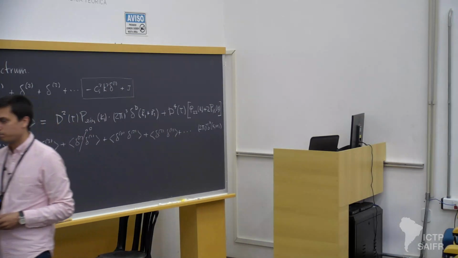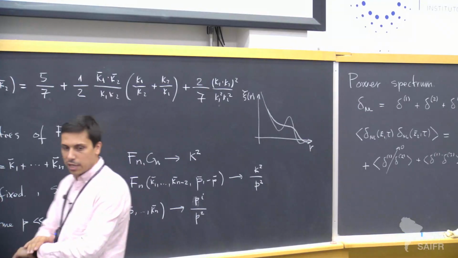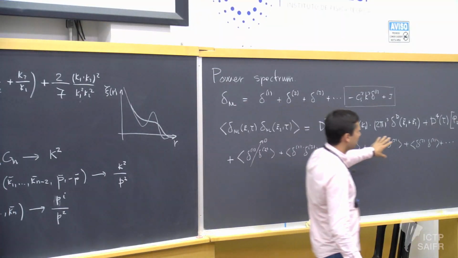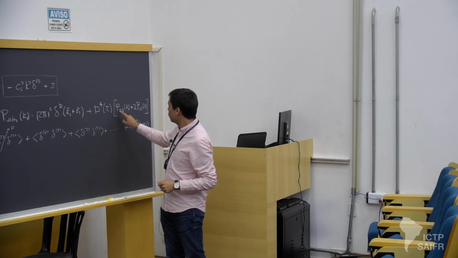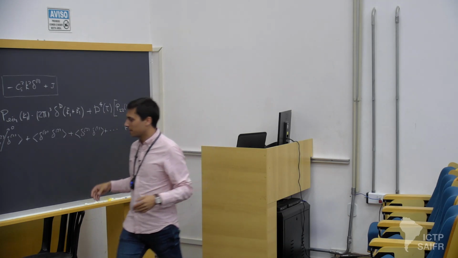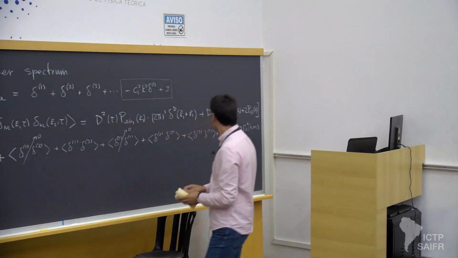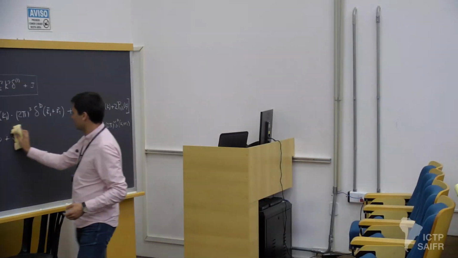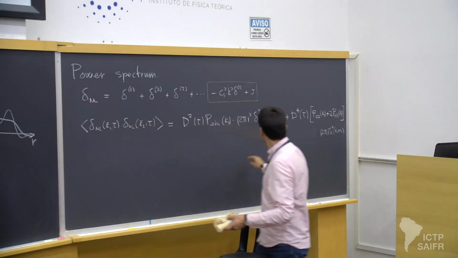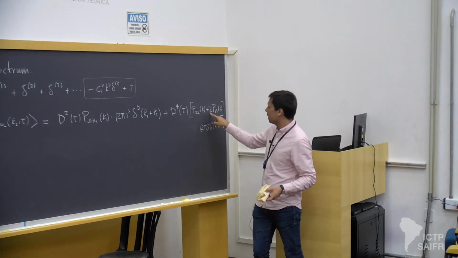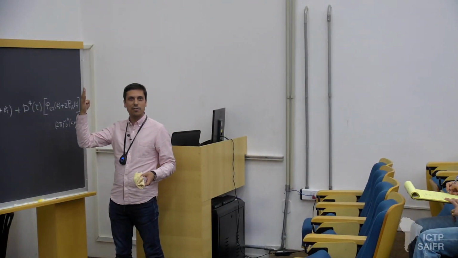All right? And so now all that we have to do is to sit down and calculate what these things are, okay? Let me do one of them. Let me do P22, and the other one is really identical. There is nothing really complicated here. Of course, both of them are fourth order in the density field.